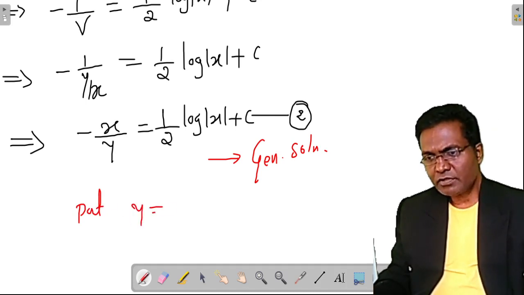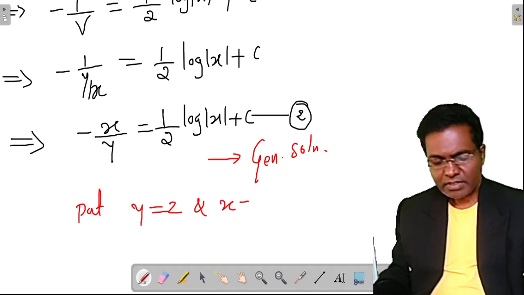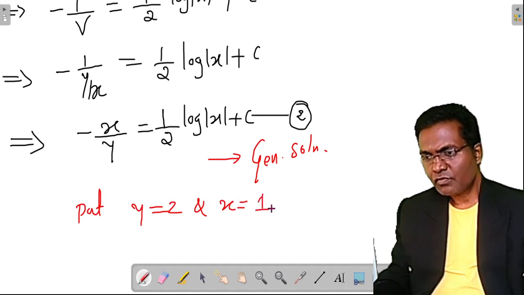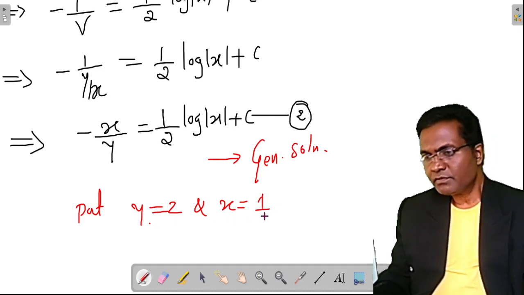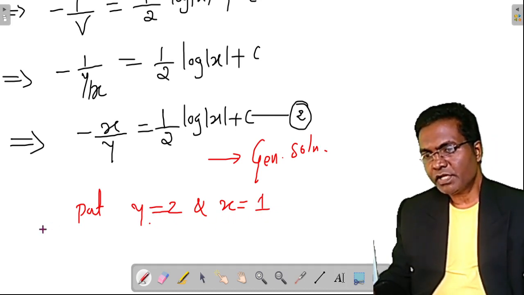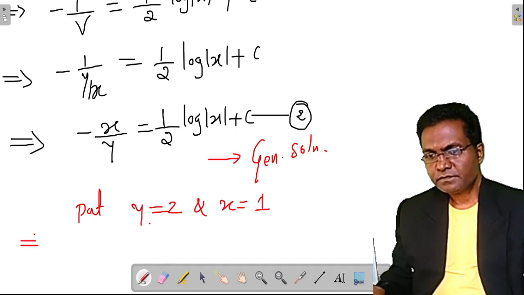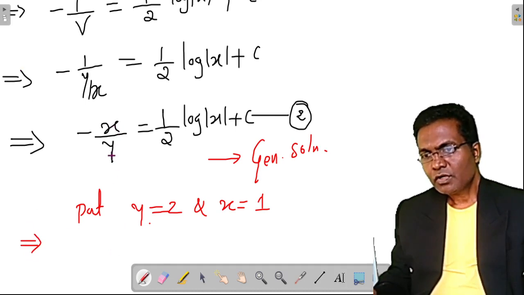Now to find the particular solution, you are supposed to put your given conditions. Put y is equal to 2 and x is equal to 1, because you are given that y becomes 2 when x is 1. So substitute here. What will you get?